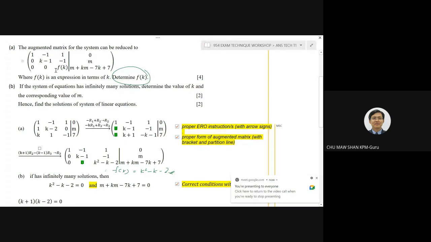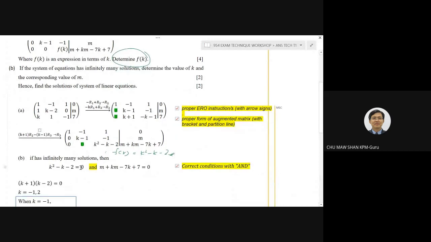All zero. So we will say that both this Fk kosong, M plus Km minus K plus 7 also kosong. Do you see I use N?